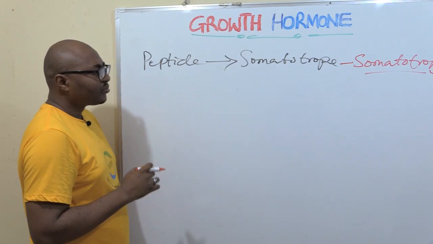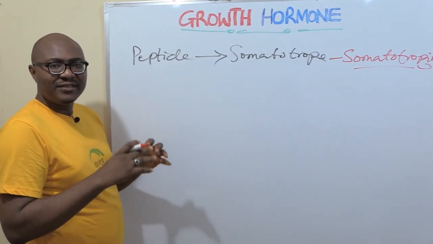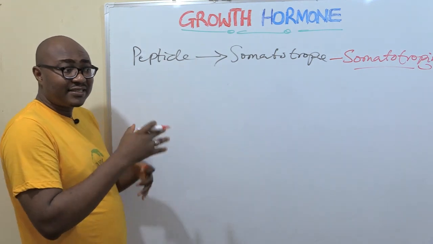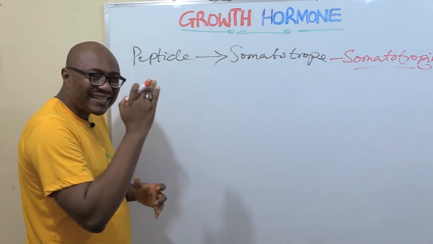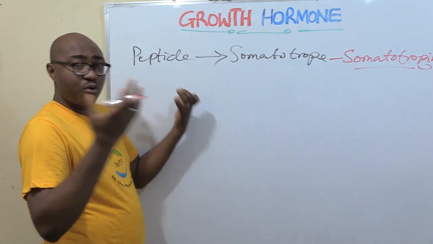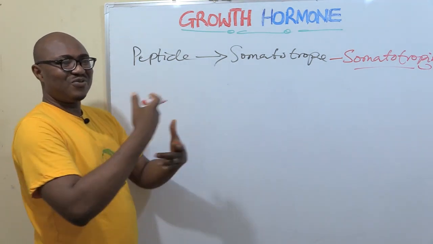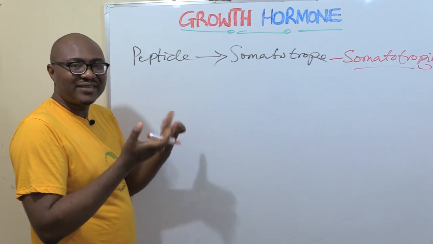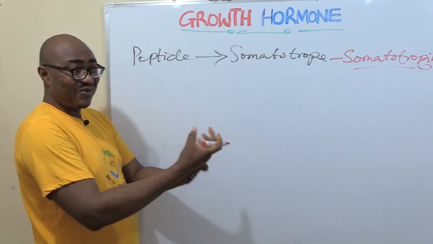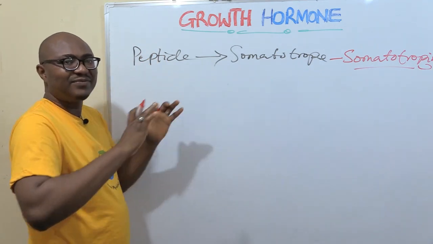Now, growth hormone, when it is synthesized, starts as an inactive hormone, as a pre-pro hormone or a pro hormone. Then it undergoes what we call post-translational modification in the Golgi apparatus before it becomes the active hormone.